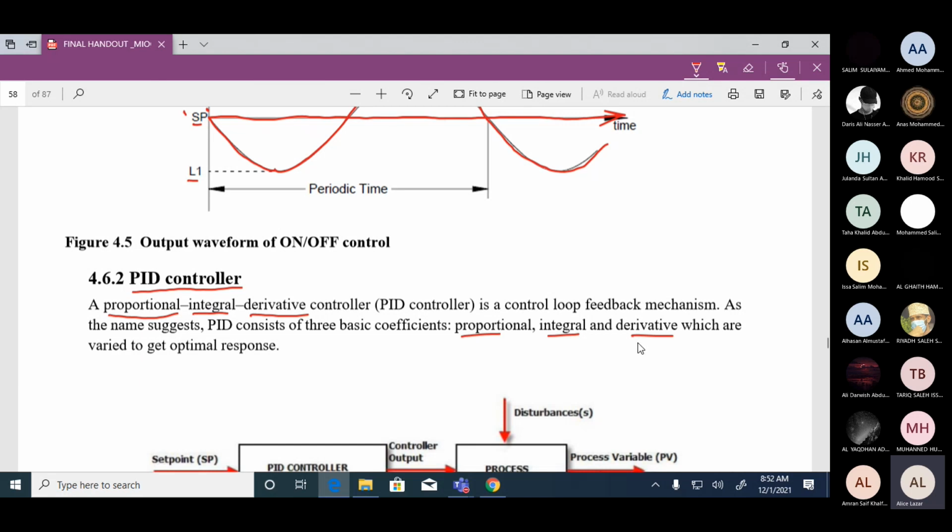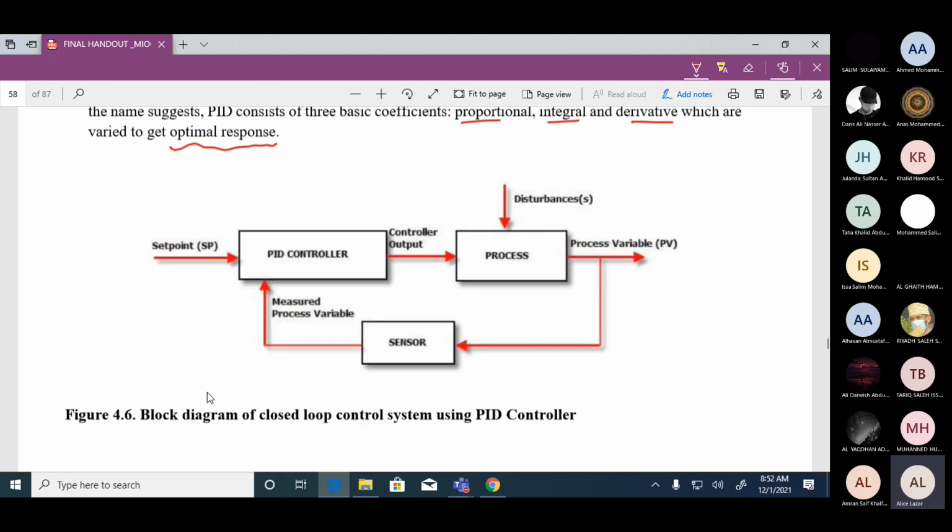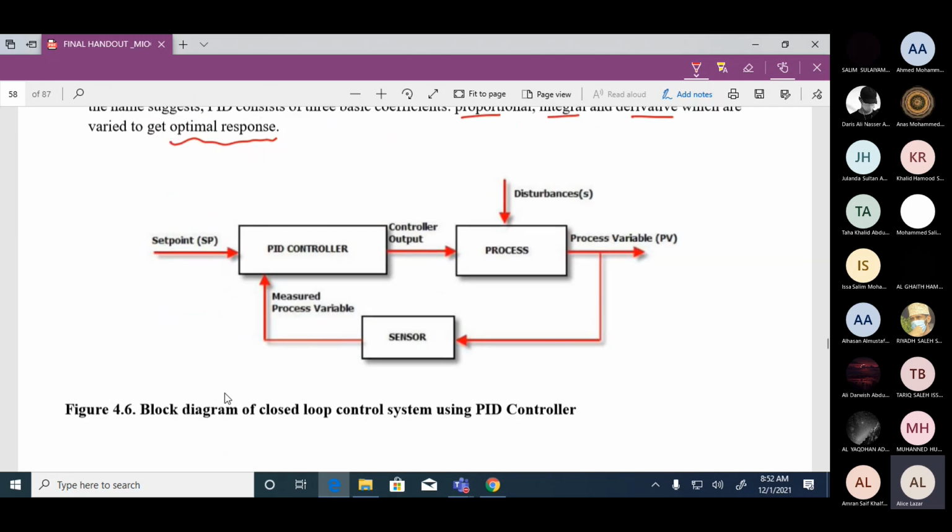Now these are all mathematical terms and we have to see how this mathematical equation can help us to have a control strategy which will give us optimal response. Optimal response means the correct response that is needed for the controller. So here you see the block diagram now. You have the process. The process variable is measured by the sensor.